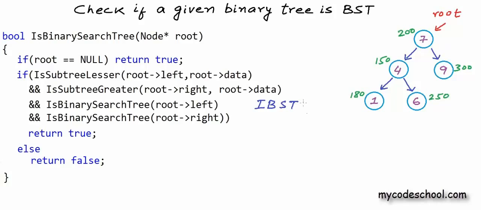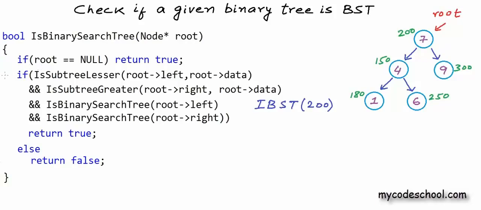So I'll make a call to this function, maybe from the main function, passing address 200, the address of the root node. For this function call, the address collected in this local variable root will be 200. Root is not null. Null is only a macro for address 0. For this call, root is not null, so we will not return true at this line.